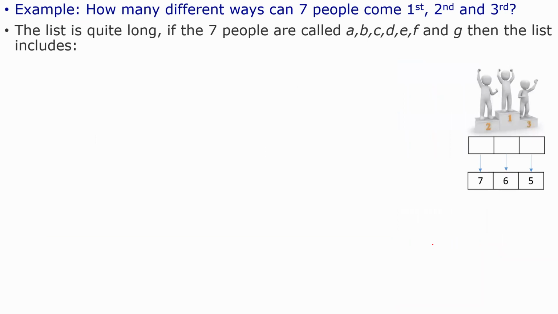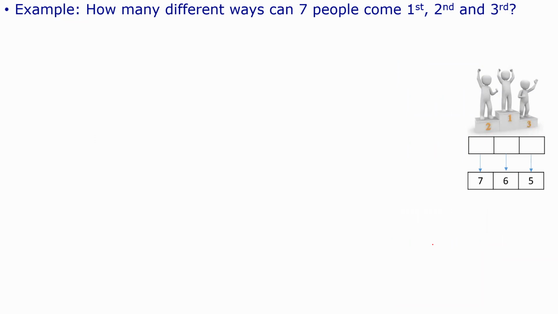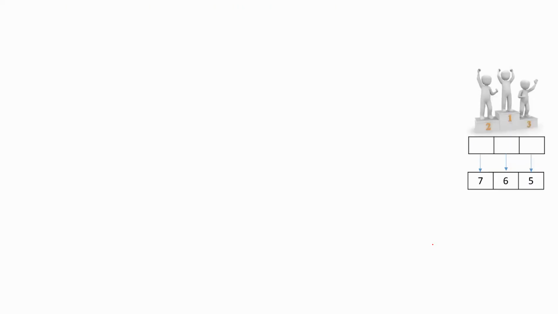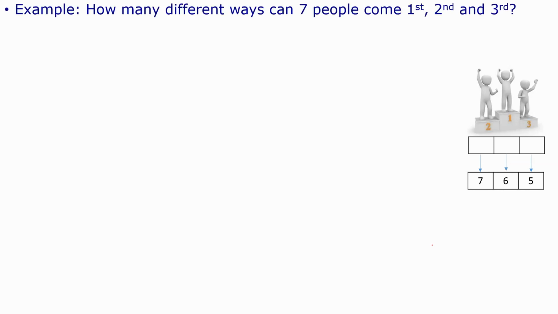Okay. Example. How many different ways can 7 people come first, second, and third?